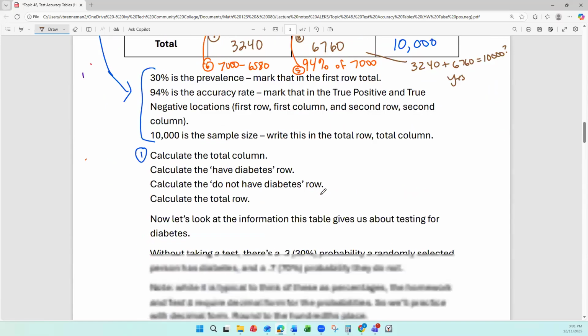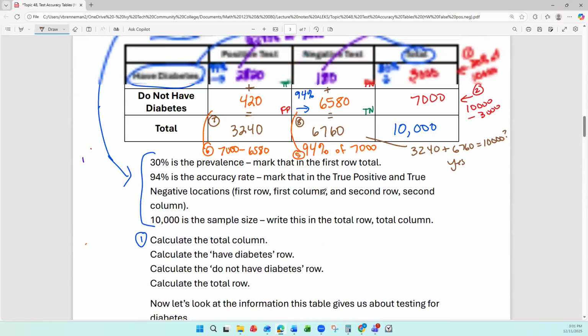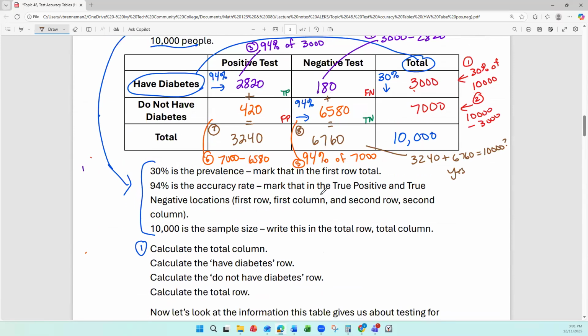Now, once you have the table filled out, you'll use it to answer questions. So the 30% have diabetes is just with no test, what's called the prevalence in the population.